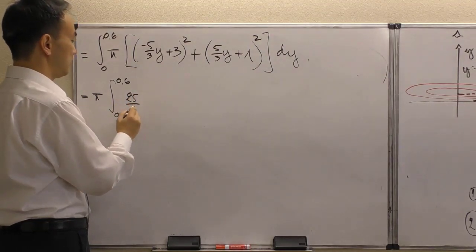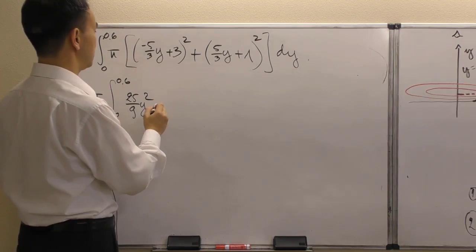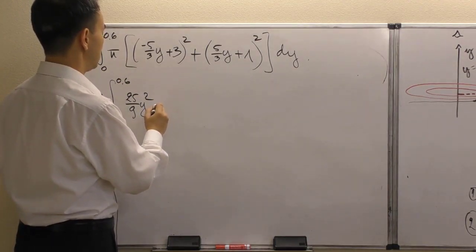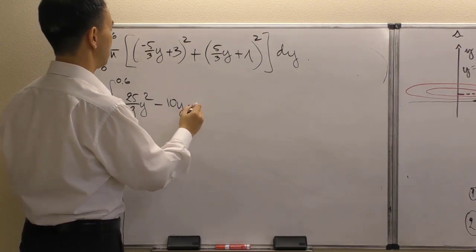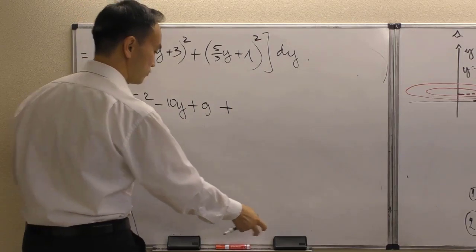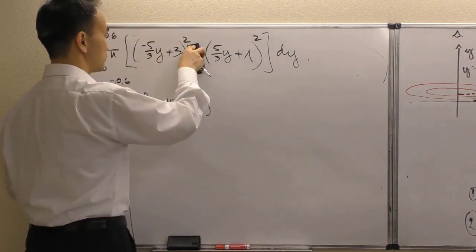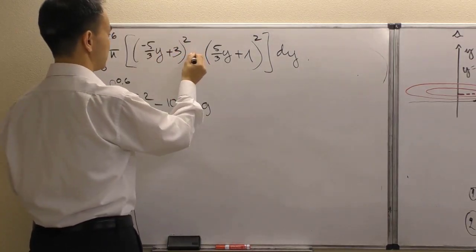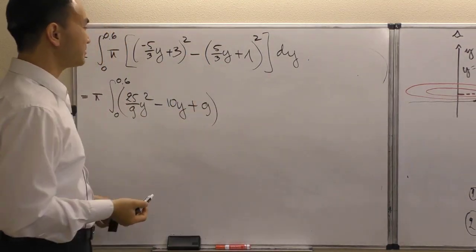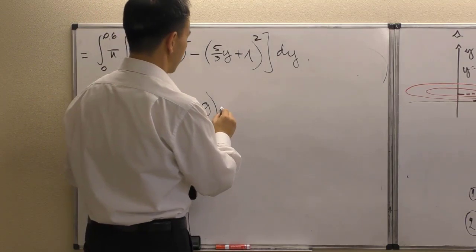25 over 9 y squared for the first term, minus 10y plus 9. And then I'm going to add, and actually I'm doing it incorrectly here. It's supposed to be minus. Okay. All right. So my apologies for that little incorrect sign right there. So minus.